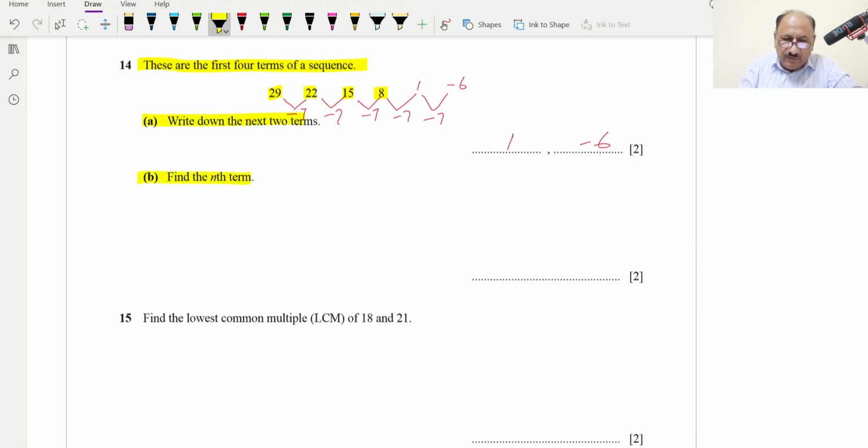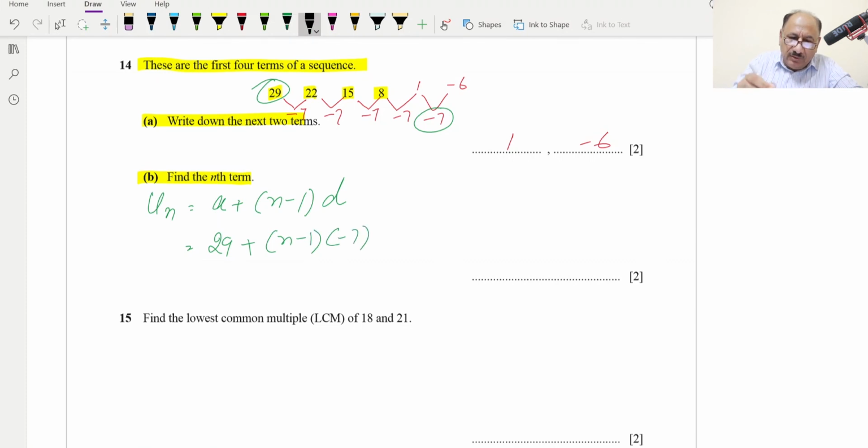Now find the nth term. For the nth term, we will be applying the formula. The nth term is equal to a plus n minus 1, multiplied by d, and d is minus 7, and a is the first term, which is 29. So 29 plus n minus 1 into d, which is minus 7.